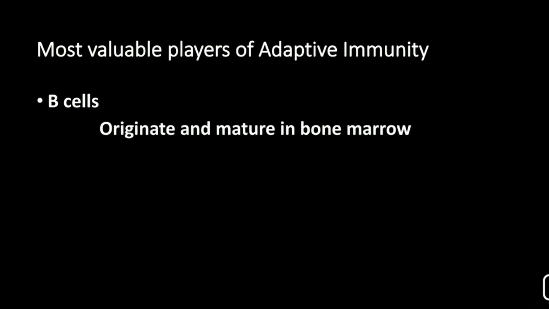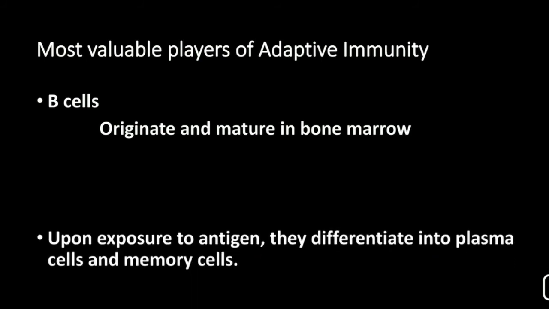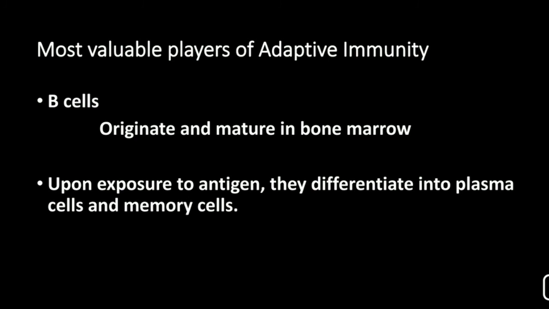The next most valuable player of adaptive immunity are B cells. B cells originate and mature, and the expression of their antigenic receptors takes place, in the bone marrow only. These B cells are very hard-working cells. Upon exposure to antigens, they differentiate into plasma cells and memory cells.